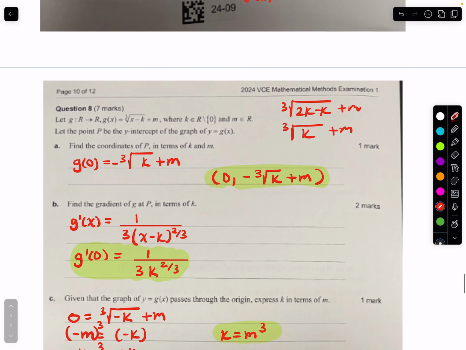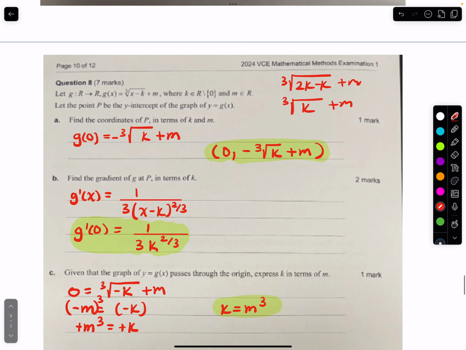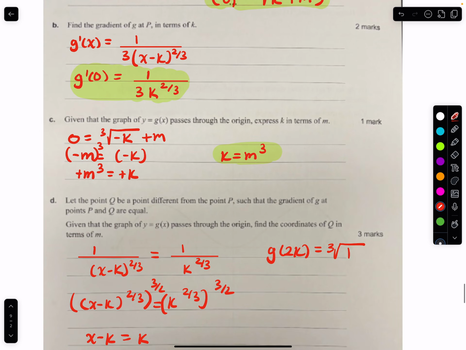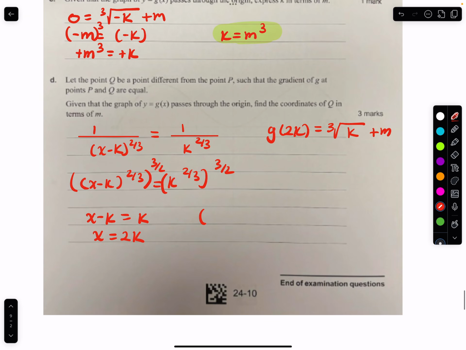So that's the y coordinate, cube root of k plus m. So the coordinates of Q are 2k and cube root of k plus m.